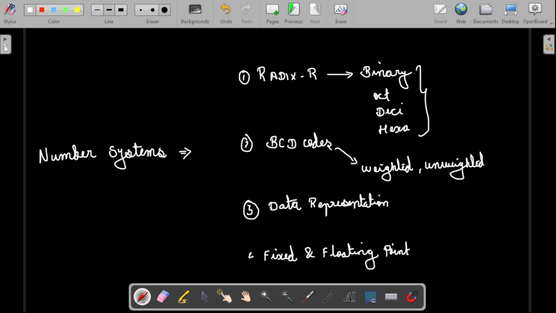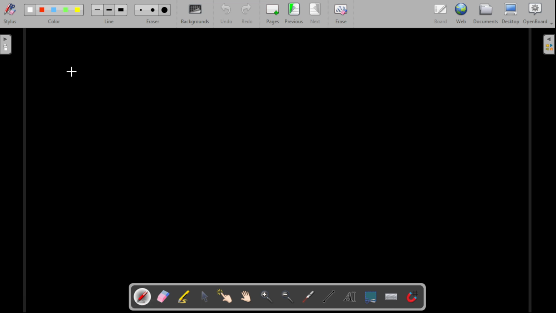Let's start with the radix-r number system. What is the base or radix? Radix is sometimes also called the base. The base or radix of a number system is nothing but the number of different symbols present.